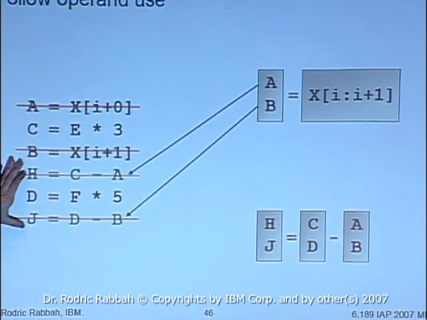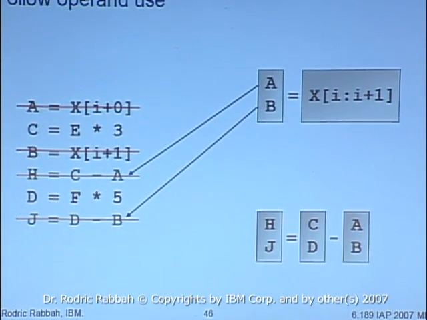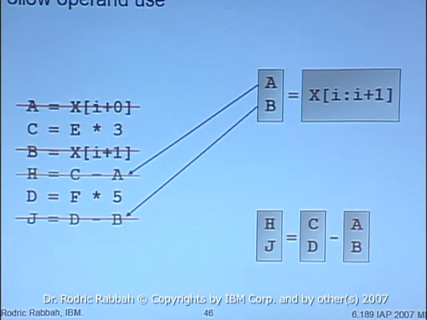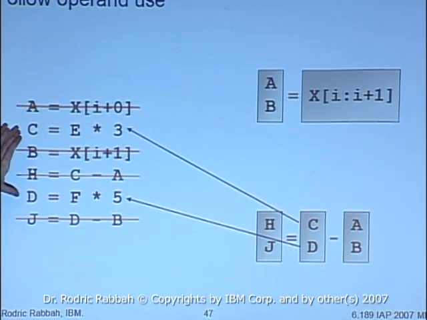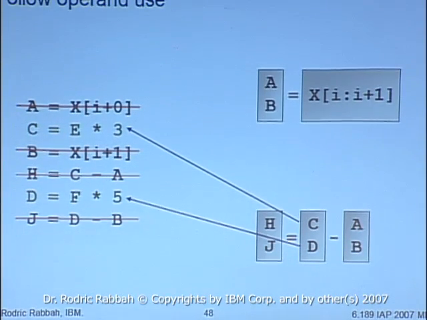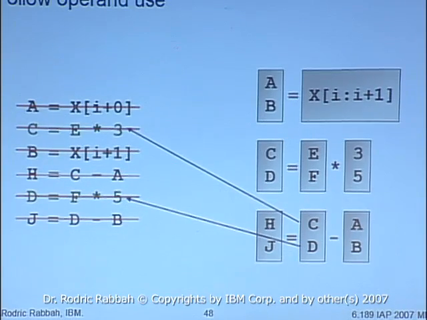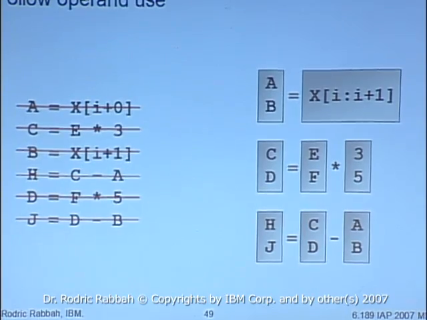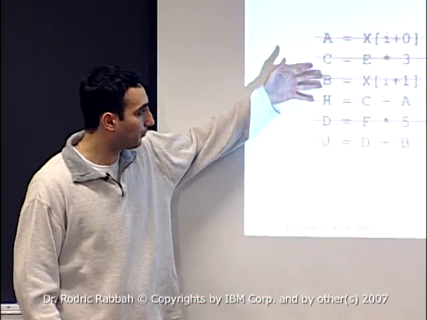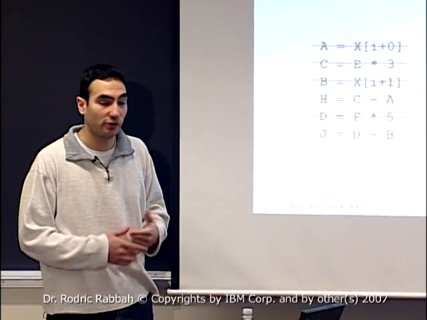So now I have vector subtraction, and I have a vector register holding new values, H and J. So I follow that chain again of where the data is flowing. I find these operations, and I can vectorize that as well. So I end up with a vectorizable loop where all my scalar instructions are now SIMD instructions. And I can cut down on loop iterations and the total number of instructions that I issue.